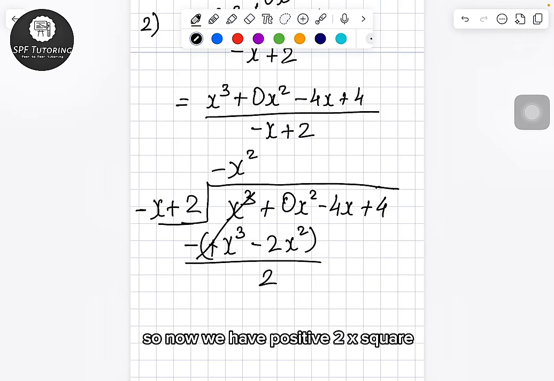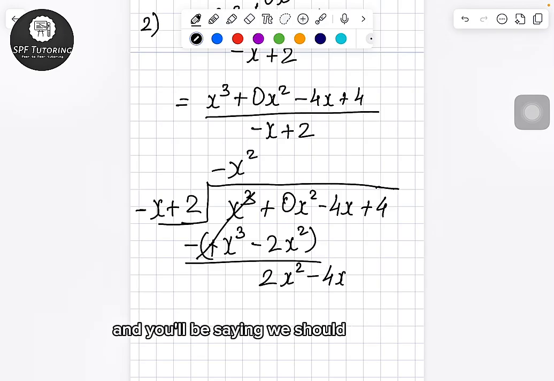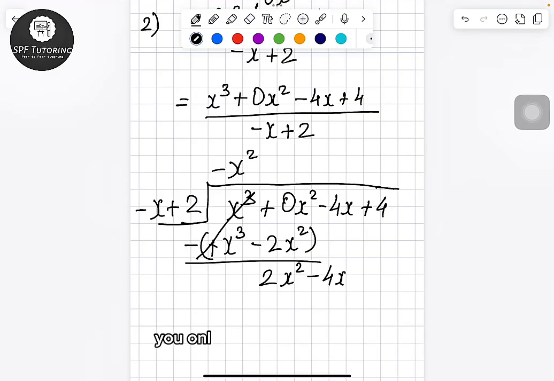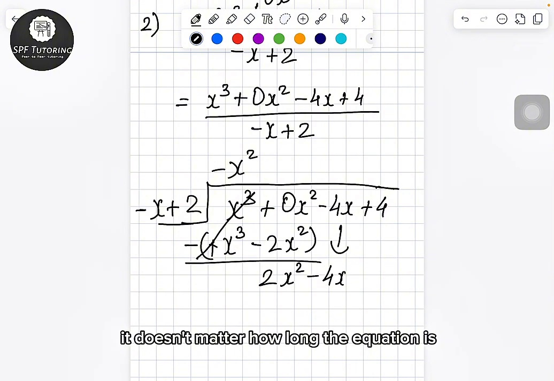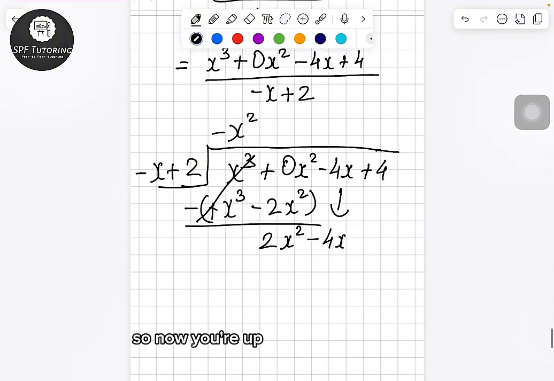So now we have positive 2x squared, and the negative 4x comes down. And you'll be saying we should also bring down the positive 4. No, you never do that. Whenever you do this, you only take down one term. It doesn't matter how long the equation is, you always pull down only one. So now you're left with x squared, right?